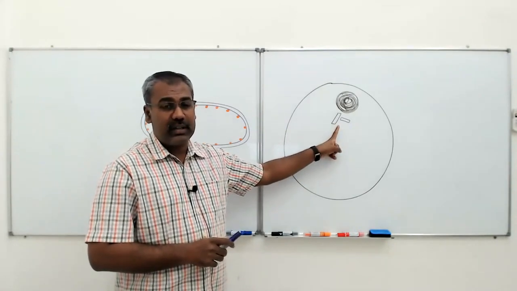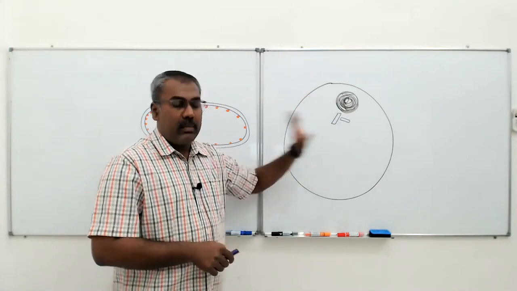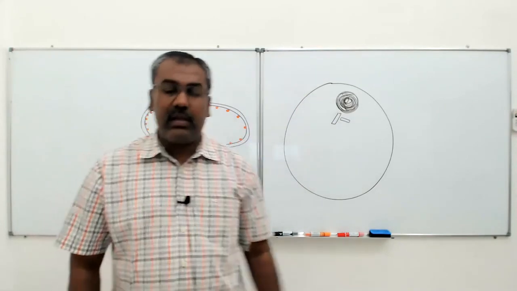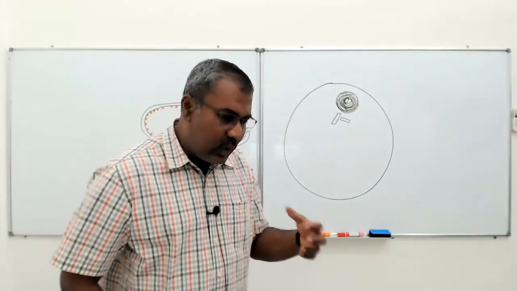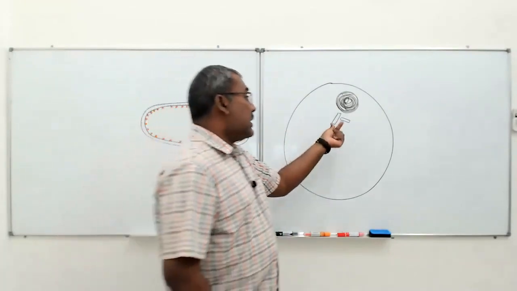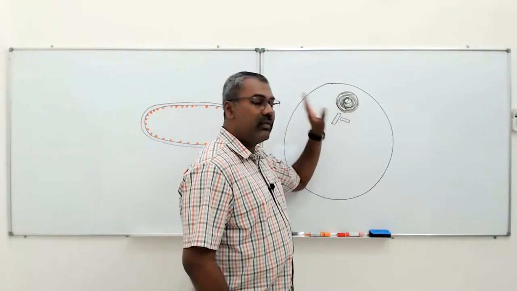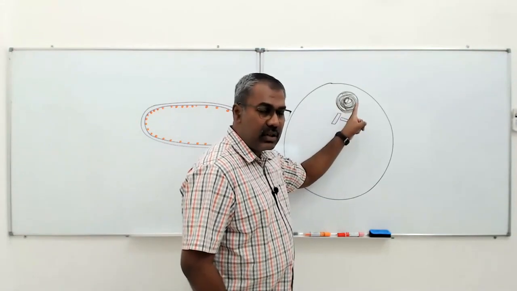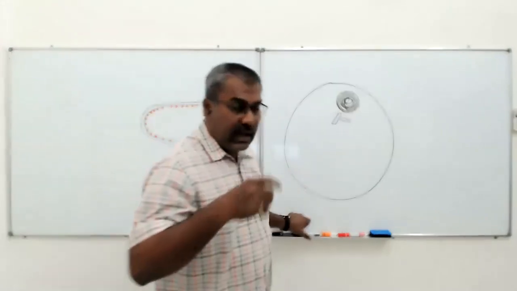Kalau soalan kita akan lukis sepasang. Dan biasanya centriole ini is found very near to the nucleus. Centriole is always very near to the nucleus. Sebab itu saya lukis dia dekat dengan nucleus. This is how you draw.